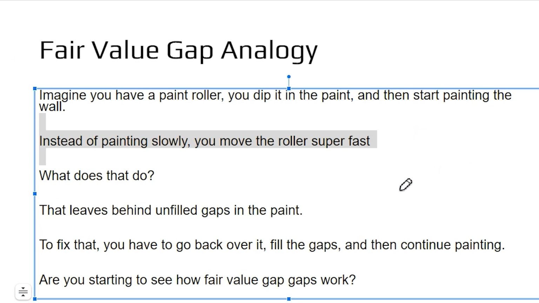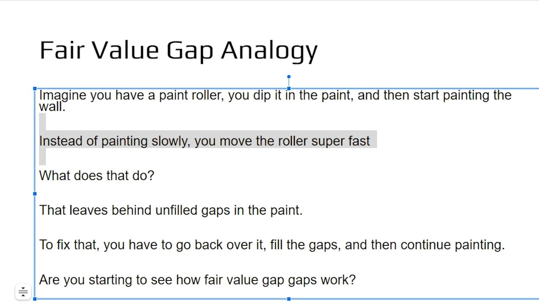So what do you have to do? You have to dip back into the paint roller and slowly paint over those areas very carefully and go from there. Because you left unfilled gaps in the paint because you used too much force and too much speed, to fix that, you have to go back over it, fill the gaps, and continue painting.